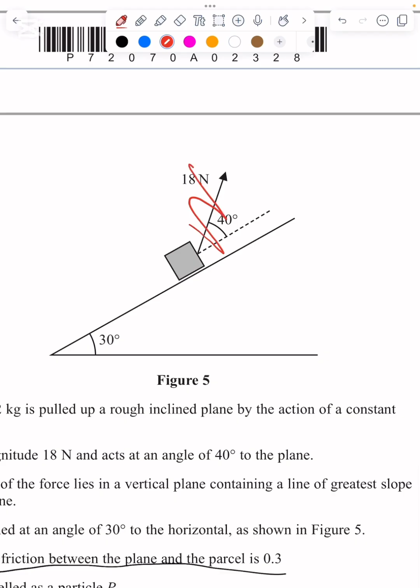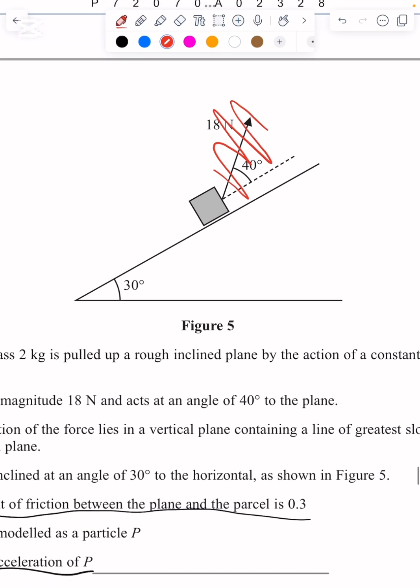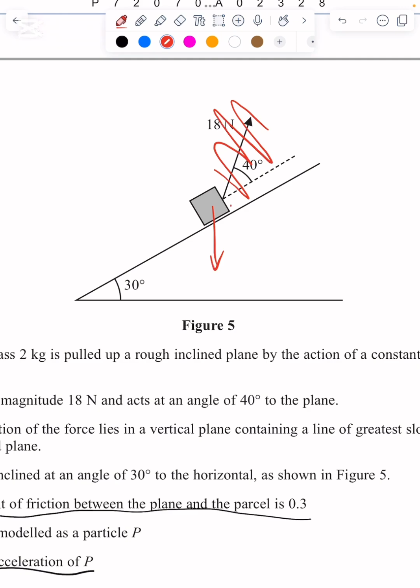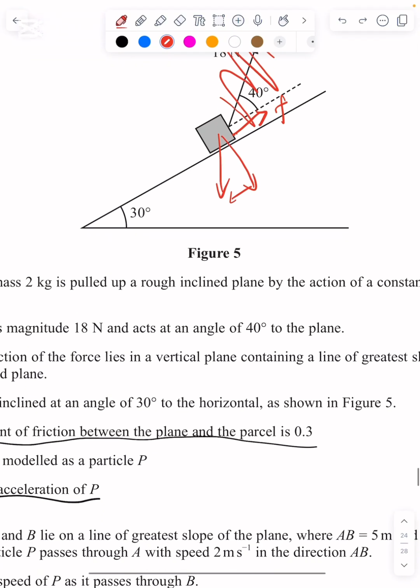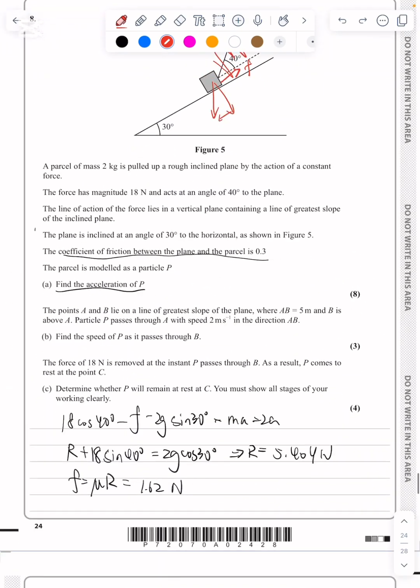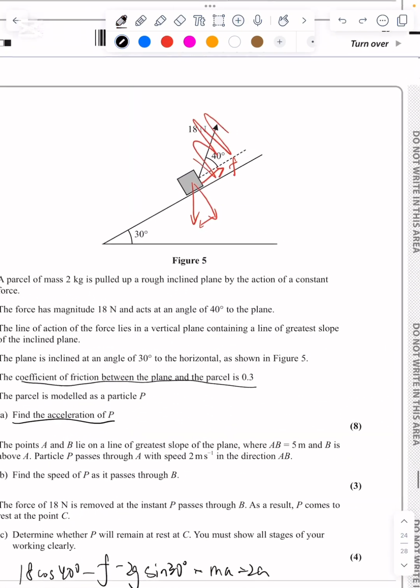So let's assume there's no force here. That means the only forces are this and the friction. So we're trying to figure out if the friction is enough to cancel out this component of the weight. So let's just do it here.